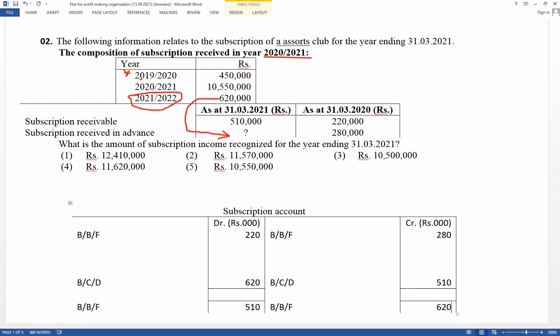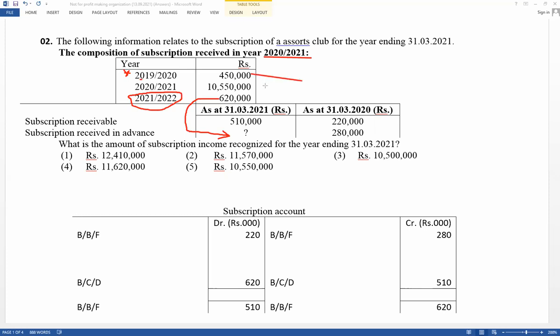It has not given subscription written off, but subscription received amount can be recognized. Cash account debit, subscription account credit. Think subscription received during the accounting period. It has given for last year, this year, as well as next financial year.